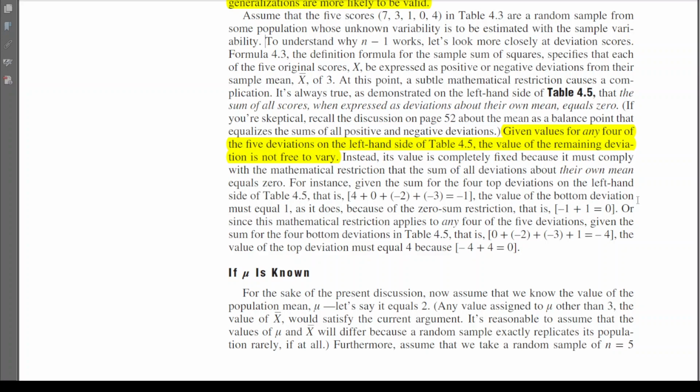For instance, given the sum of the four top deviations on the left hand side, the value of the bottom deviation equals 1 because of the zero sum restriction. Since this restriction applies to any four of the five deviations, given the sum of the bottom four deviations, the value of the top deviation must equal 4.